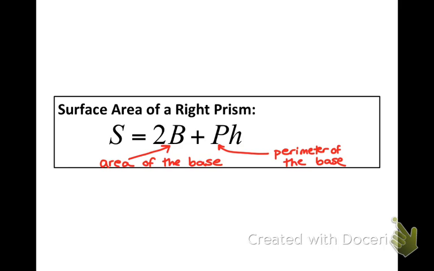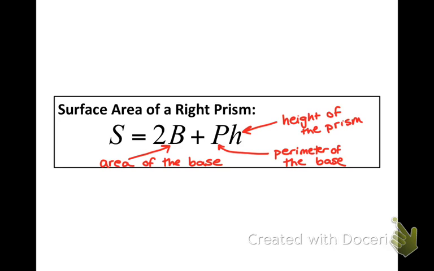So whenever you see a capital letter, you're thinking of the base. Lowercase letters are representative of the prism. So lowercase h stands for the height of the prism. So how high up does it stand?